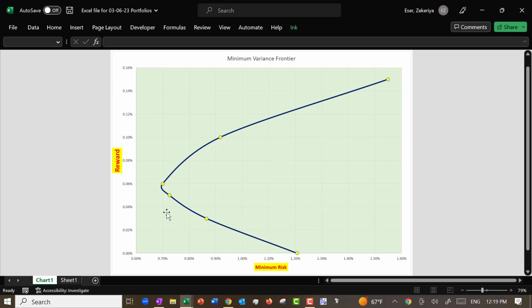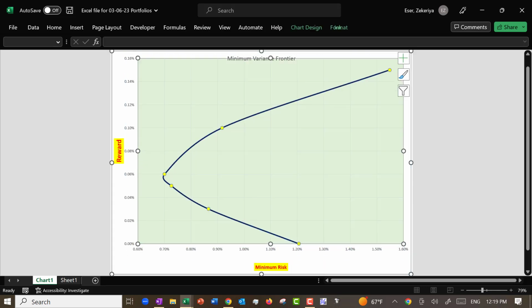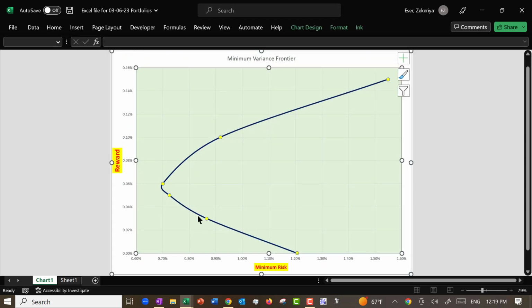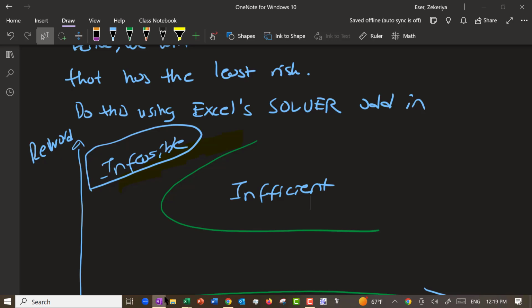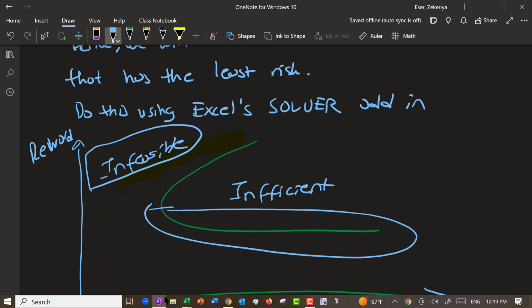Think about this portion of the portfolio, or minimum variance frontier, the downward sloping part. They are also inefficient.